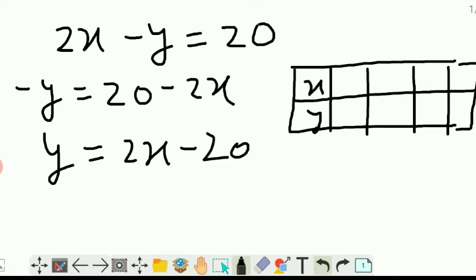It means whatever equation is given to us, first we will convert it in terms of x or in terms of y. Now let x be equal to 0.